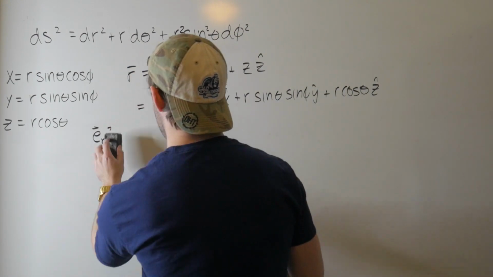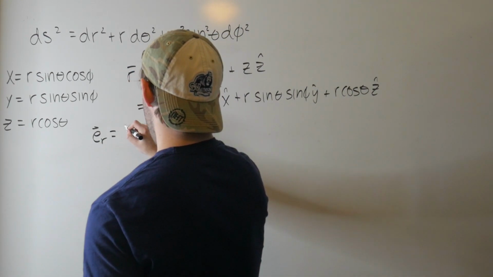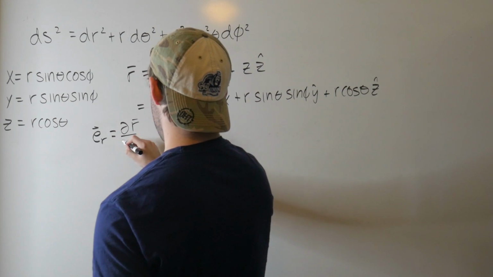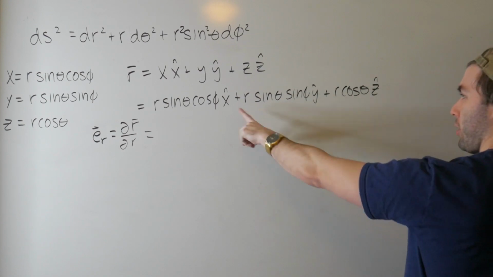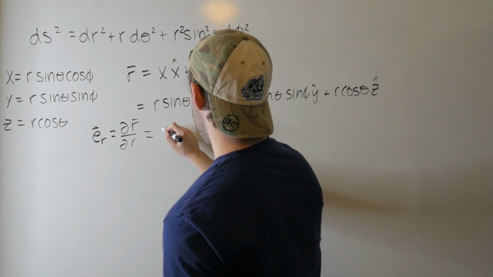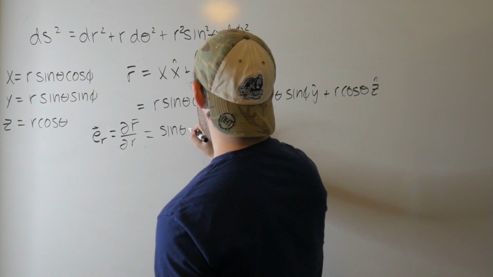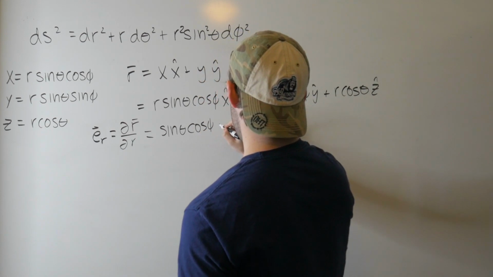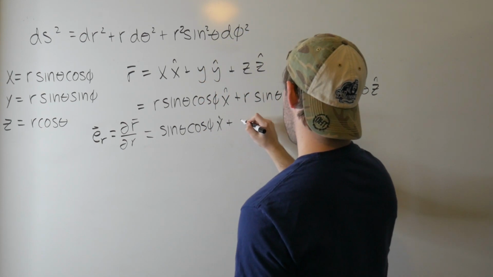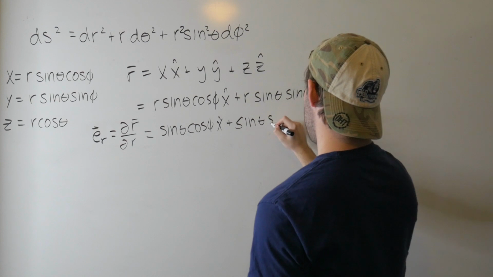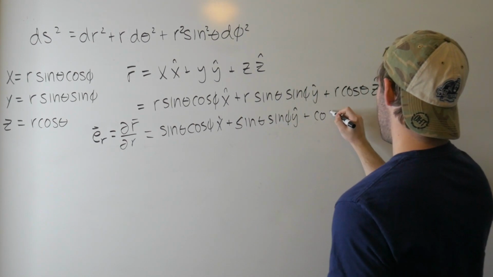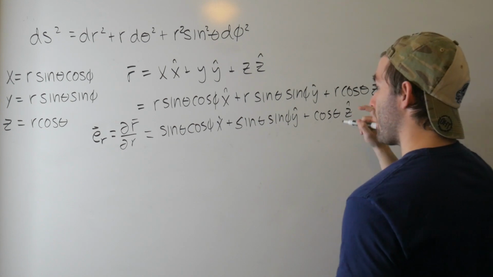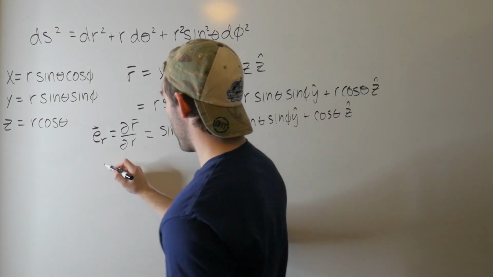So this is equal to dr vector dr, which is just going to, we're subtracting an r from all of these because it's just eliminating that power. So it's sine theta cosine phi x hat plus sine theta sine phi y hat plus cosine theta z hat. Nice. Now let's do the same for theta and phi.